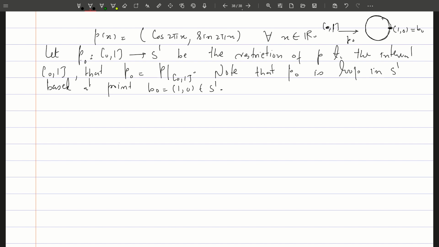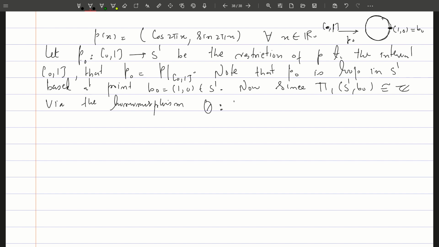Now since the fundamental group of the circle based at point B naught is isomorphic to Z via the homomorphism, let us call that theta.